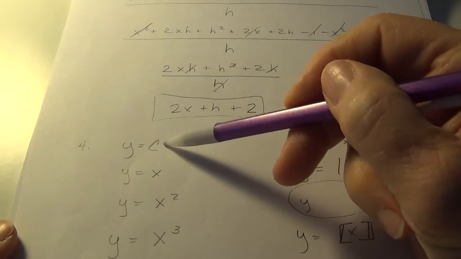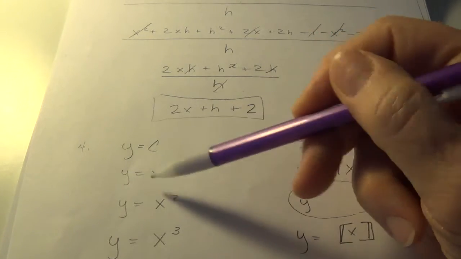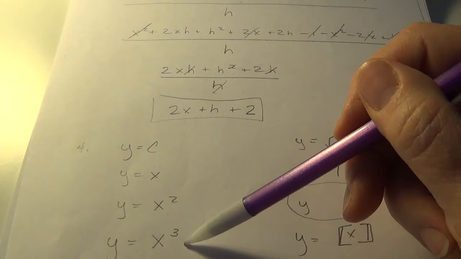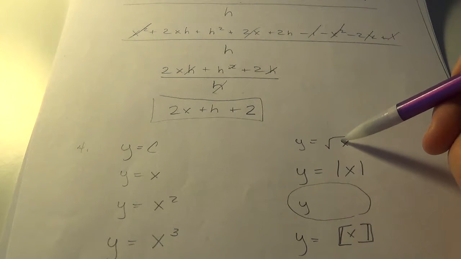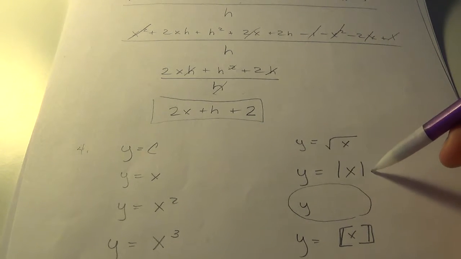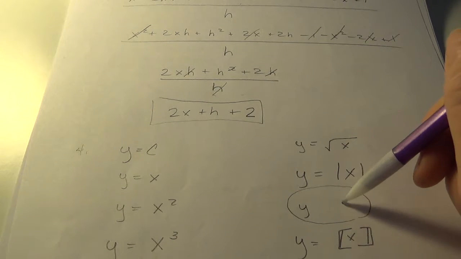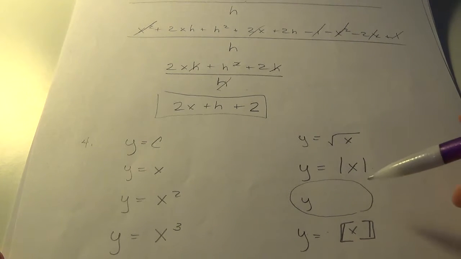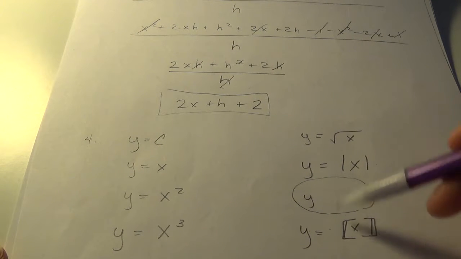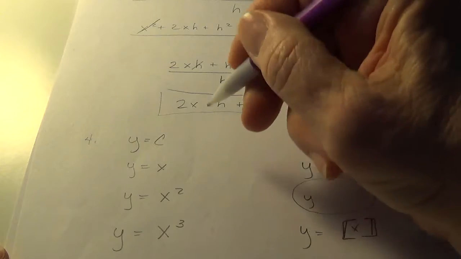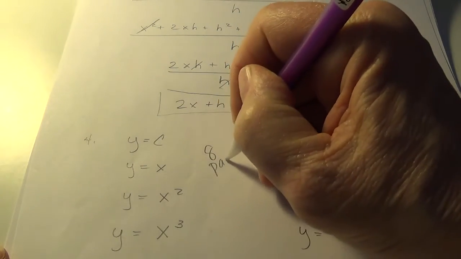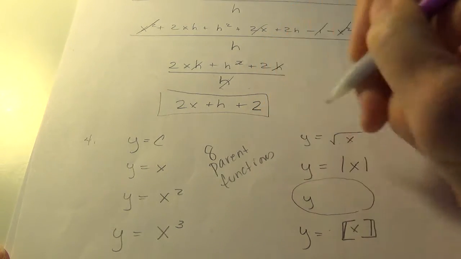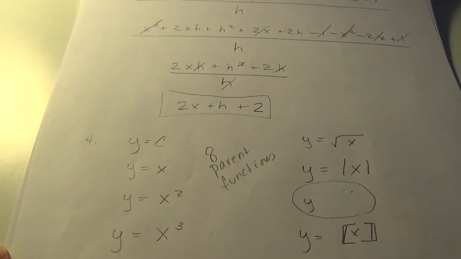So I have y equals a constant, like 3, y equals x squared, y equals x cubed, y equals the square root of x, y equals the absolute value of x, and can't remember, and y equals the greatest integer function. Alright, I know there's an obvious one that I forgot. So there are 8 parent functions. So if you would fill in this one, I would appreciate it.